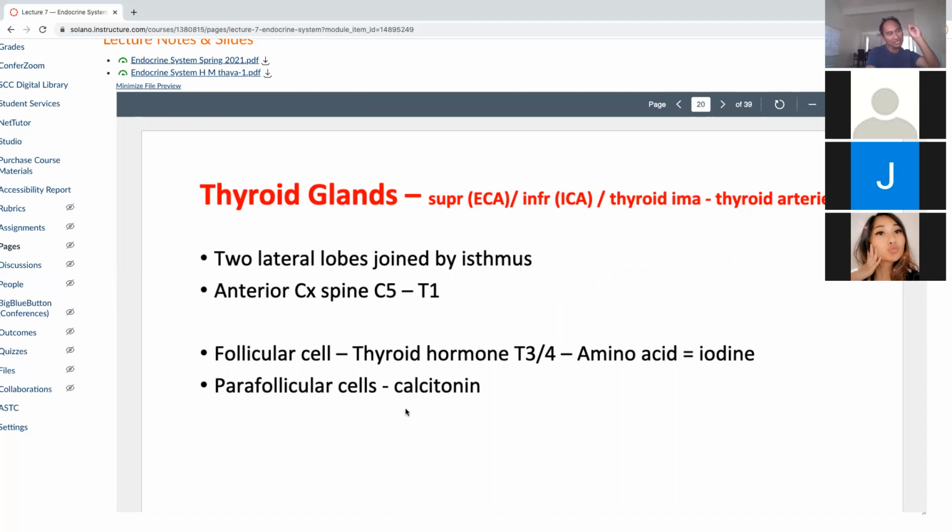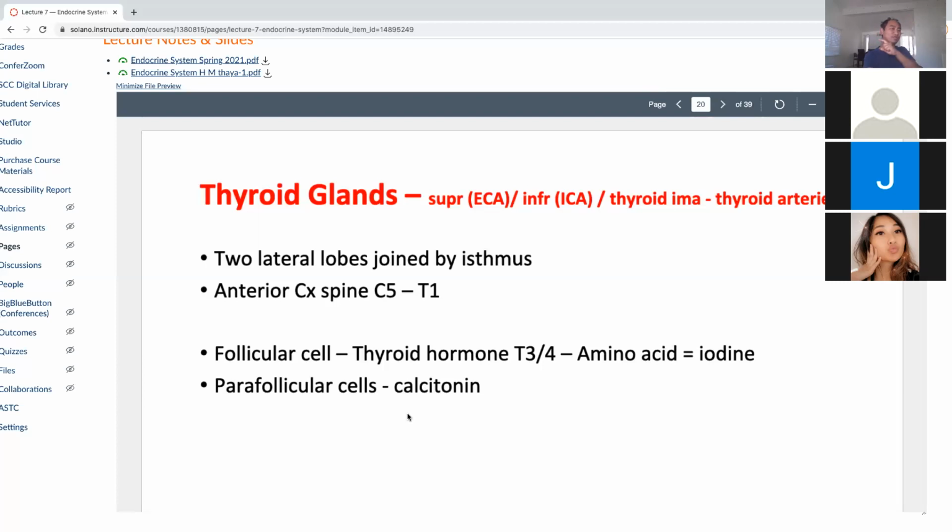This calcitonin, what is it going to do? Calci means calcium, tonin means tonic. Tonic means make it more. But it doesn't make more calcium in the blood, it makes calcium more in the bone. So if you have a lot of calcitonin, which is secreted from parafollicular cell, we will take blood calcium from the blood into the bone.